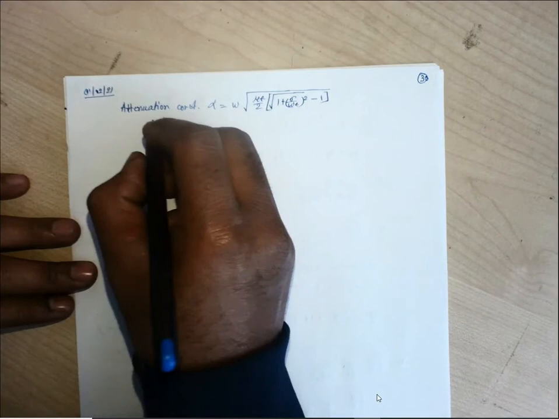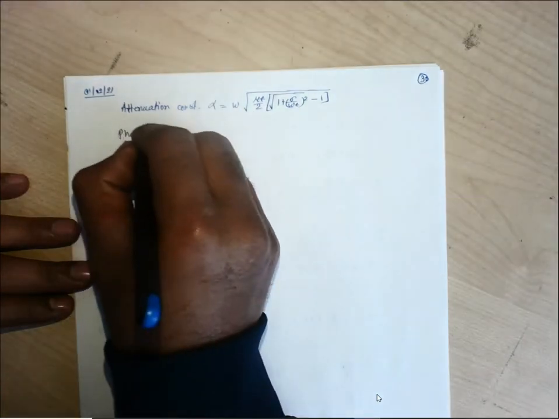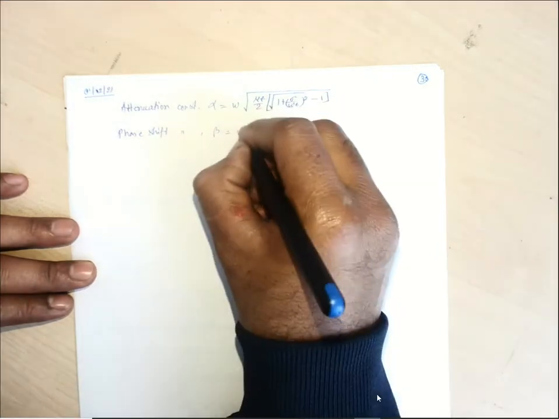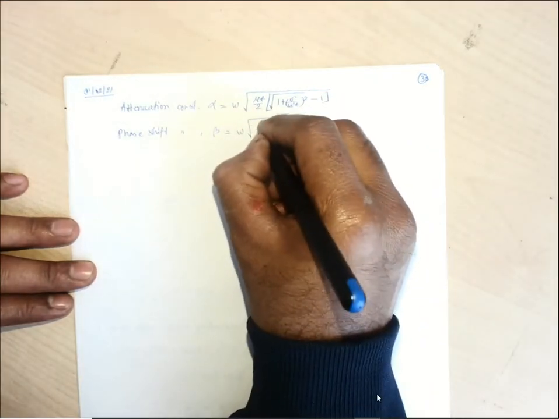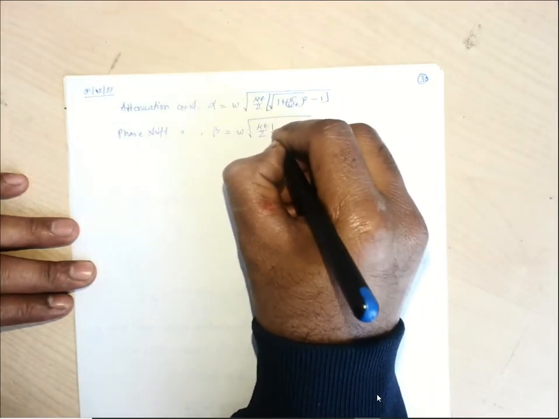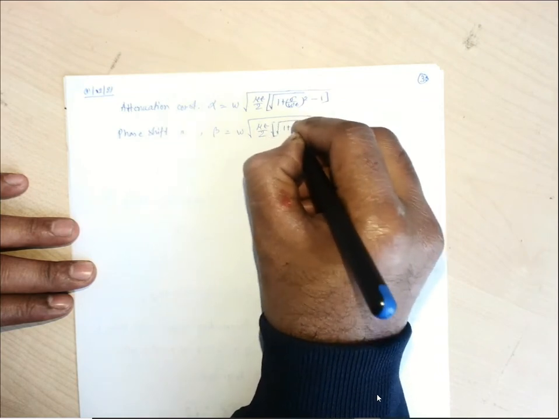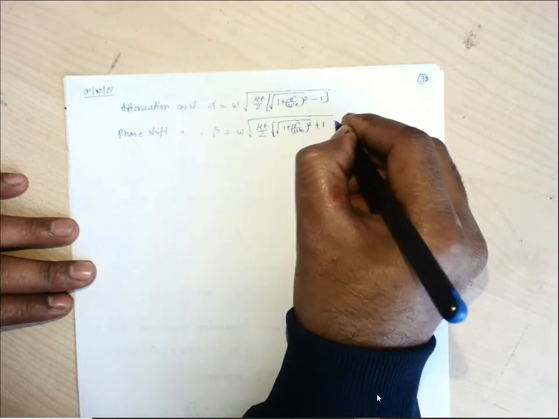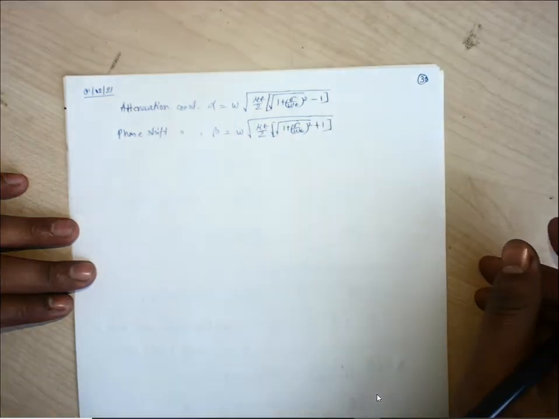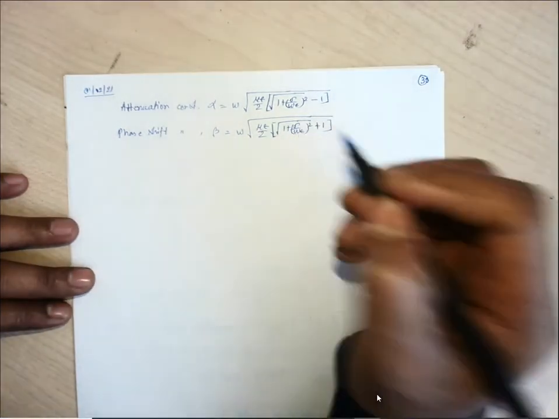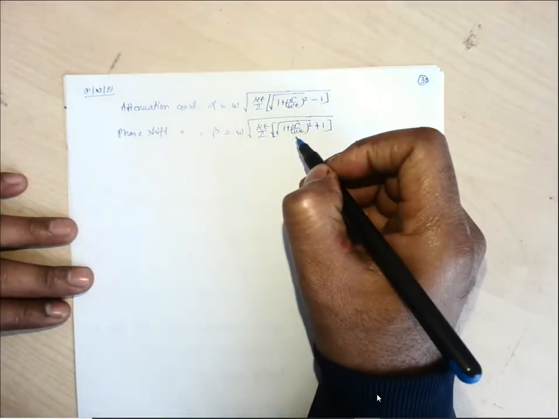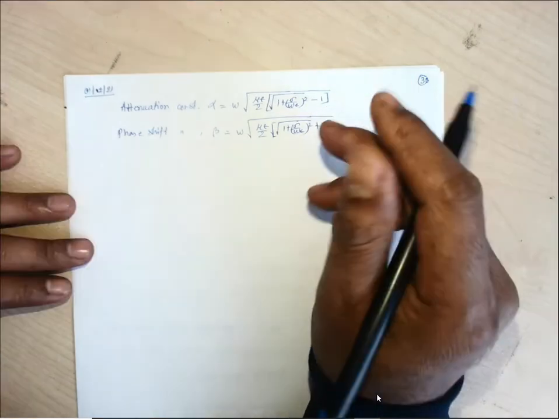And the expression of phase shift constant beta was the same: omega root over mu epsilon by 2 into root over 1 plus sigma by omega epsilon whole square plus 1, right? So it depends upon the conducting property of the medium as well as other distributed parameters.